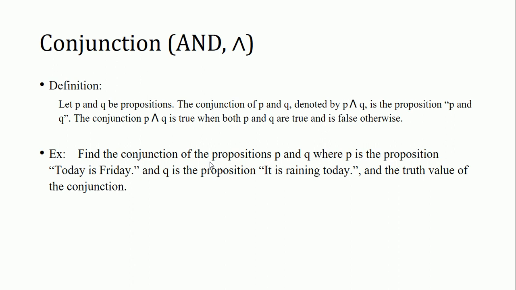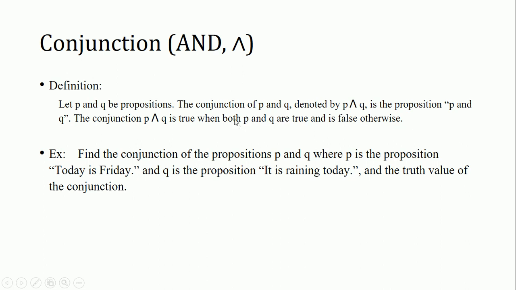Okay, so definition of conjunction. Let P and Q be propositions. The conjunction of P and Q, denoted by P and Q, is the proposition P and Q. The conjunction P and Q is true when both P and Q are true and is false otherwise.